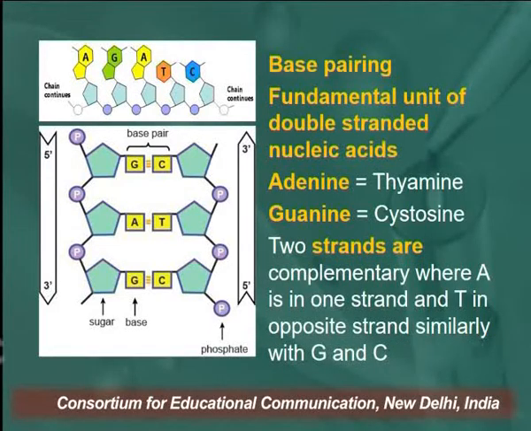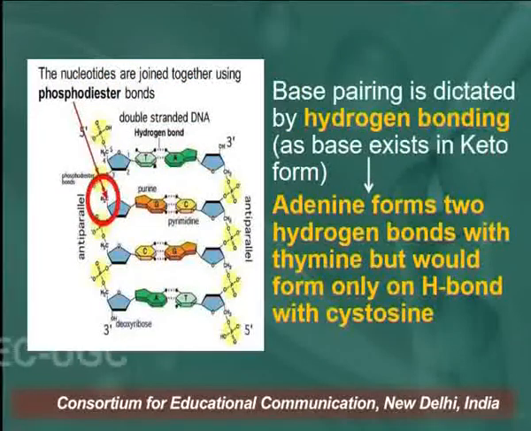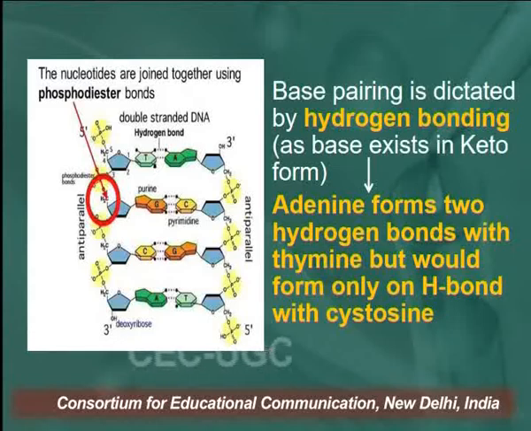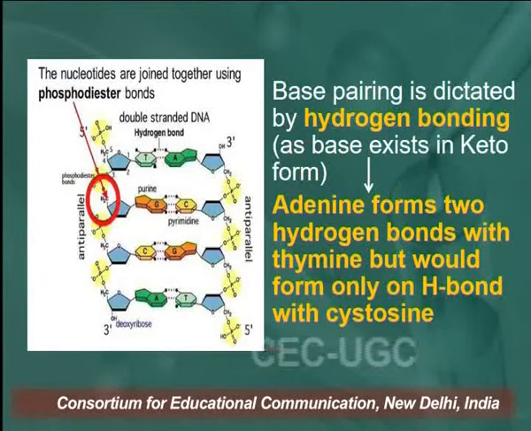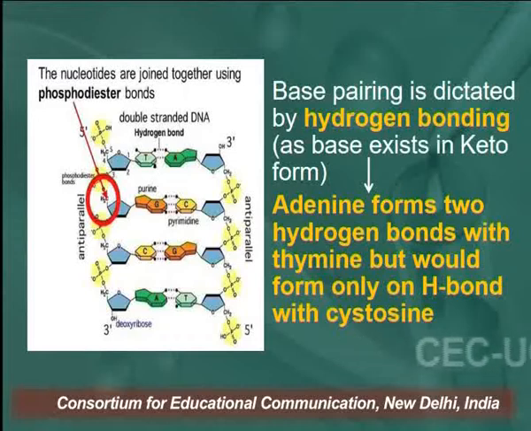A dehydration reaction takes place, and the bases in both strands of DNA join together. Base pairing is dictated by hydrogen bonding, as the bases always exist in keto form. Adenine forms two hydrogen bonds. It's very important, because you can be asked how many bonds can be formed in the double helical structure of DNA.